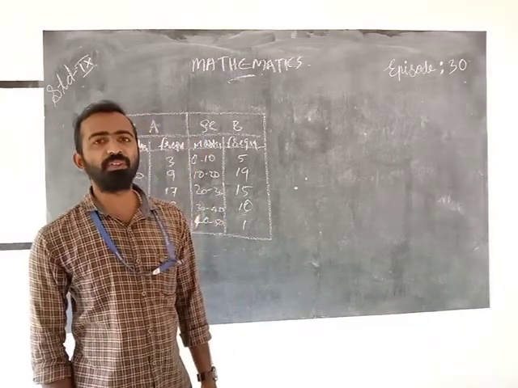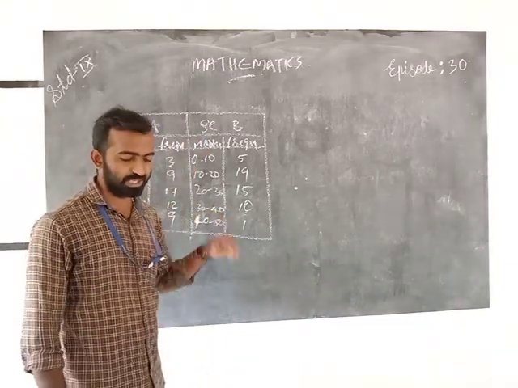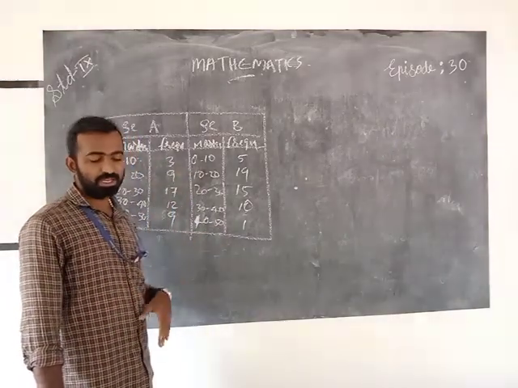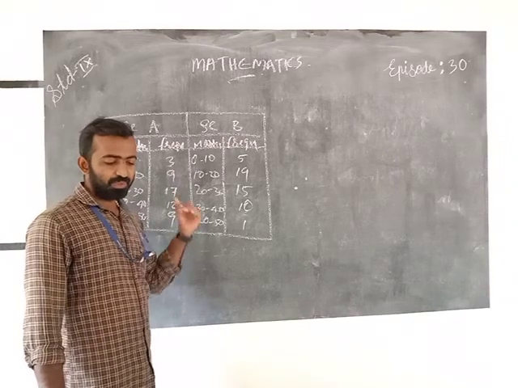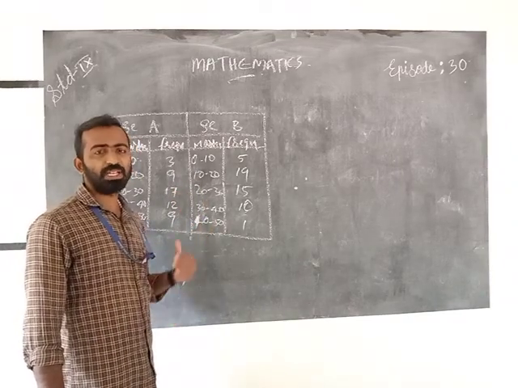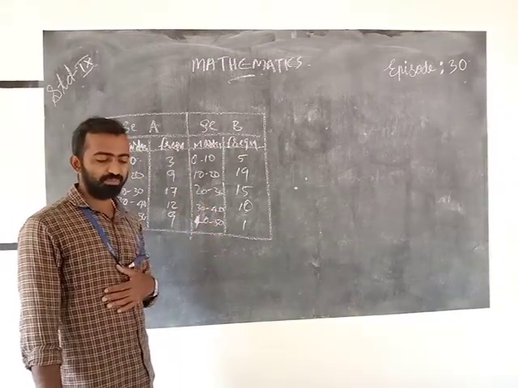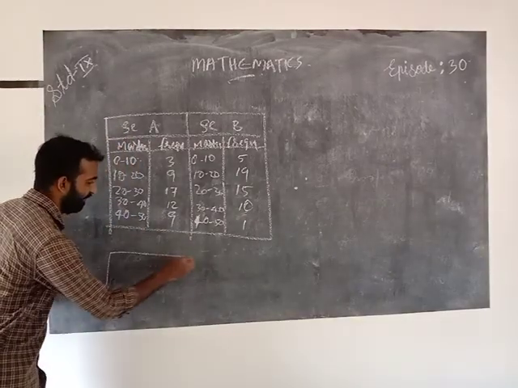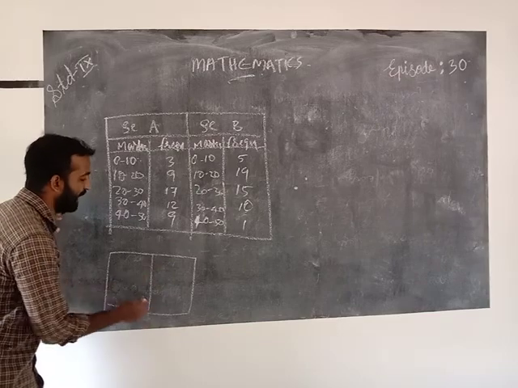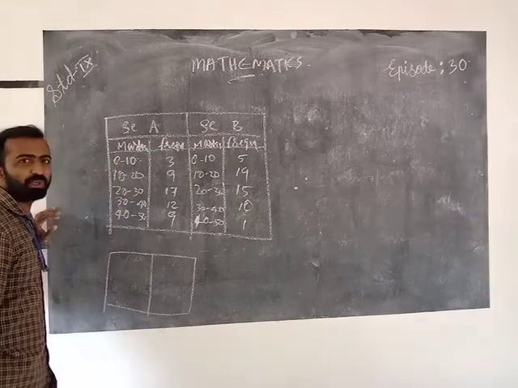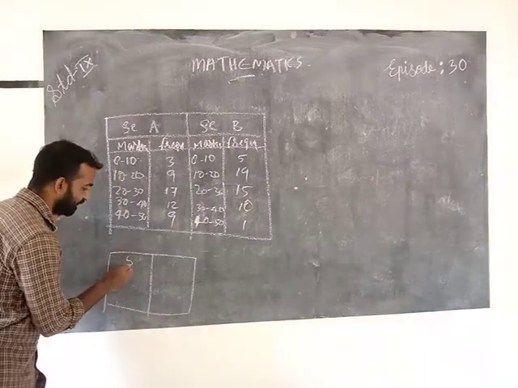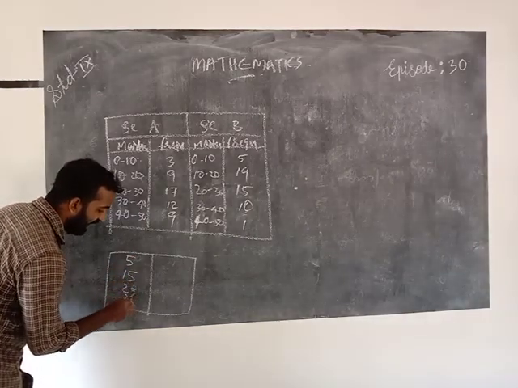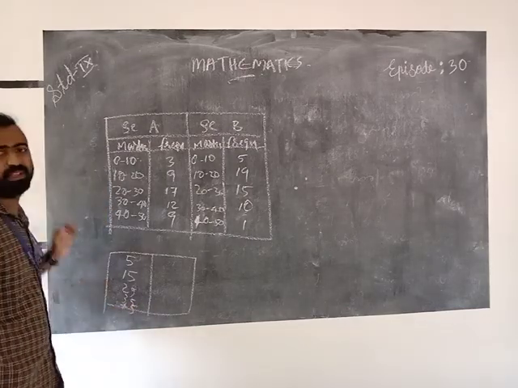First we modify the tables. We take the modified classes: 0 to 10, 10 to 20, 20 to 30, 30 to 40, 40 to 50. For section A, what is the midpoint of 0 and 10? That is 5, 15, 25, 35, 45.